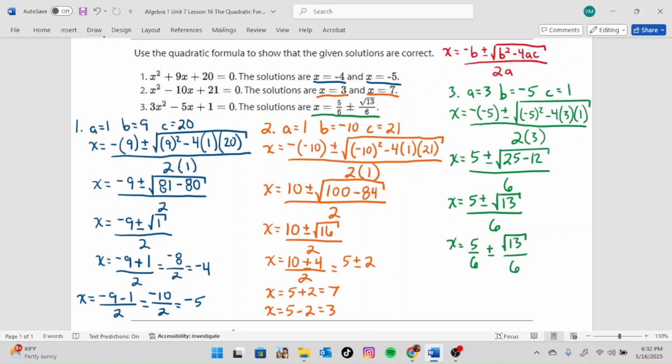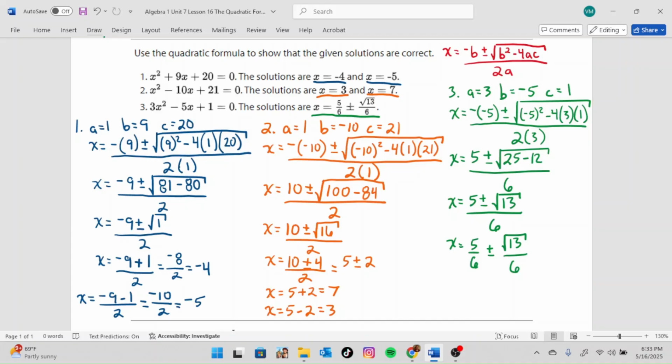So this is how we use the quadratic formula. We make sure that it's set equal to 0. We identify A, B, and C. We substitute those values into the formula, and we do all the math until we have the final answer. When we have rational numbers, we can go all the way to the answers.